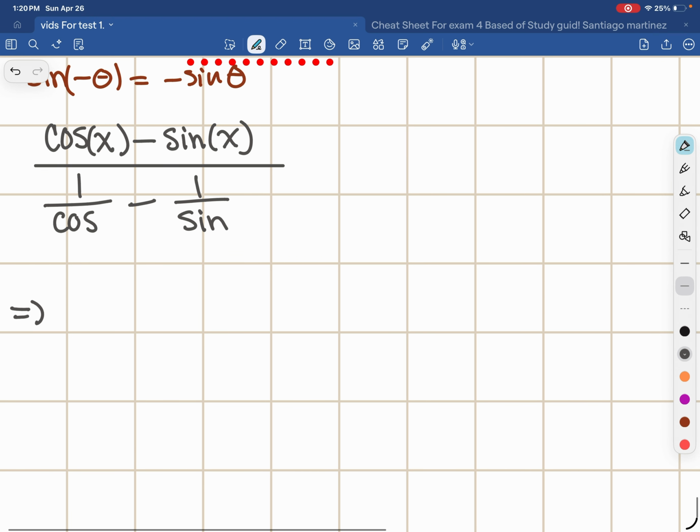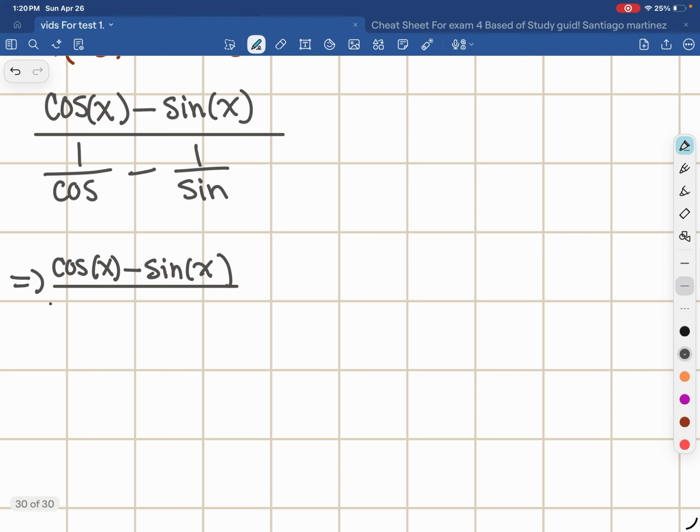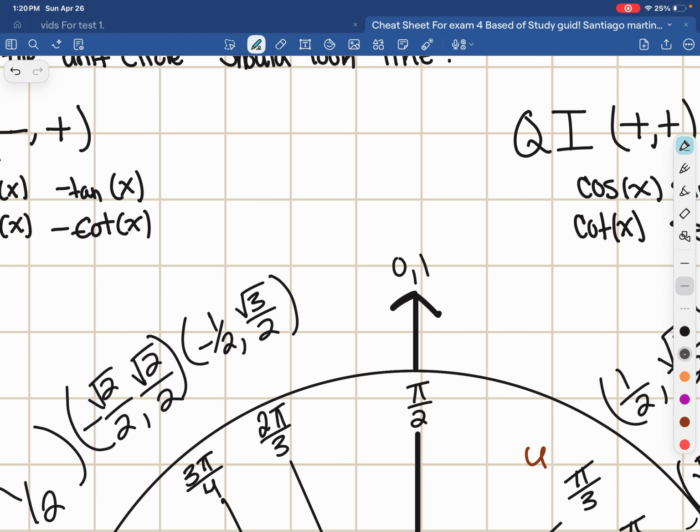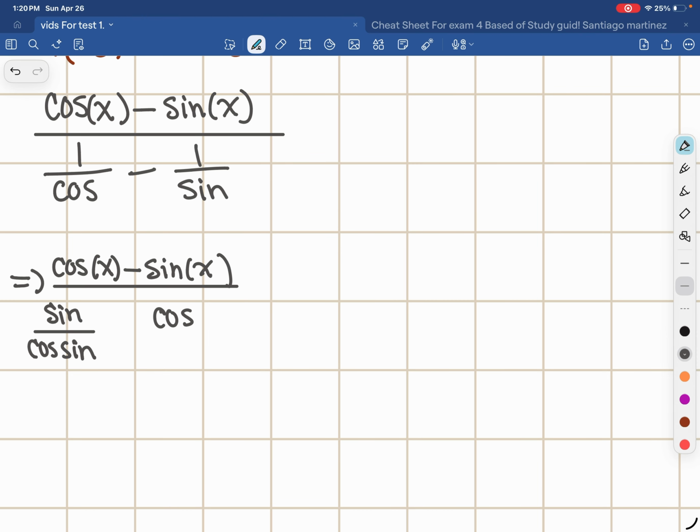So we should get something such as this. We'll write it out. Cosine, this is the top, so this won't really be affected yet. Sine of x over cosine times sine, minus cosine of x.